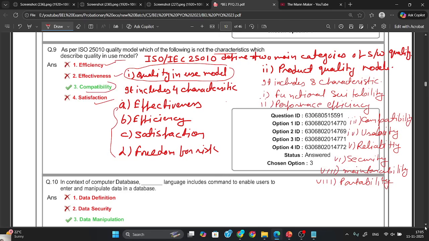But compatibility is related to the product quality model. You can see the third point there is compatibility, so this is related to the product quality model. So option C is your right answer. You need to remember all these points. These four characteristics belong to the quality in use model, and these eight characteristics belong to the product quality model.